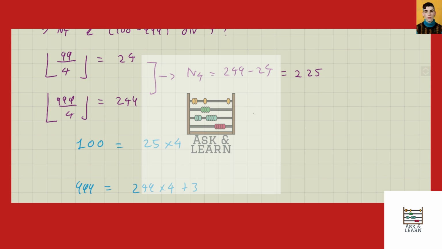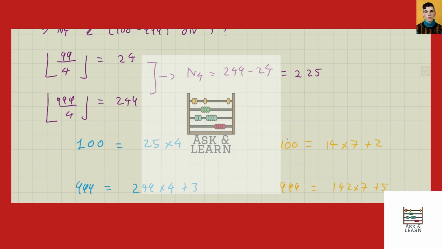In the previous example, when we chose the 100, that was divisible by 7, we had 14 times 7 plus 2, and 999 was equal to 142 times 7 plus 5.